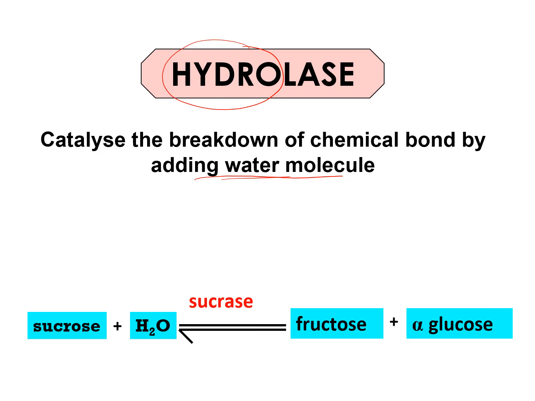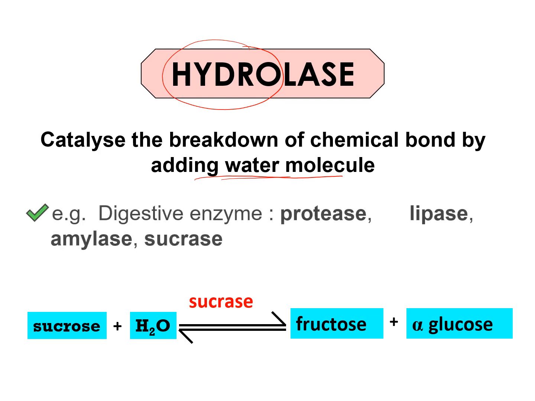So the H2O is hydrolyzed, and then the molecules will be received by fructose and alpha glucose, because sucrose is a disaccharide. So disaccharide will be split into fructose and alpha glucose.